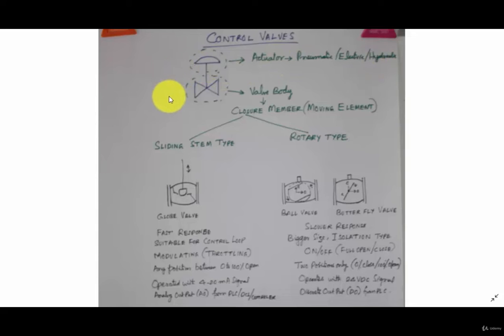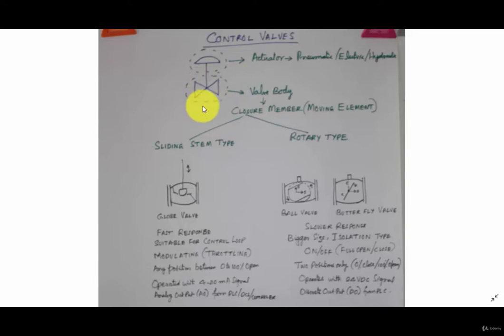Now we are discussing the valve body or main valve, which is in the pipeline. So what is the valve doing in the pipeline? It is controlling the flow by opening or closing. It increases the flow or decreases the flow, or it blocks the flow or it opens the flow.